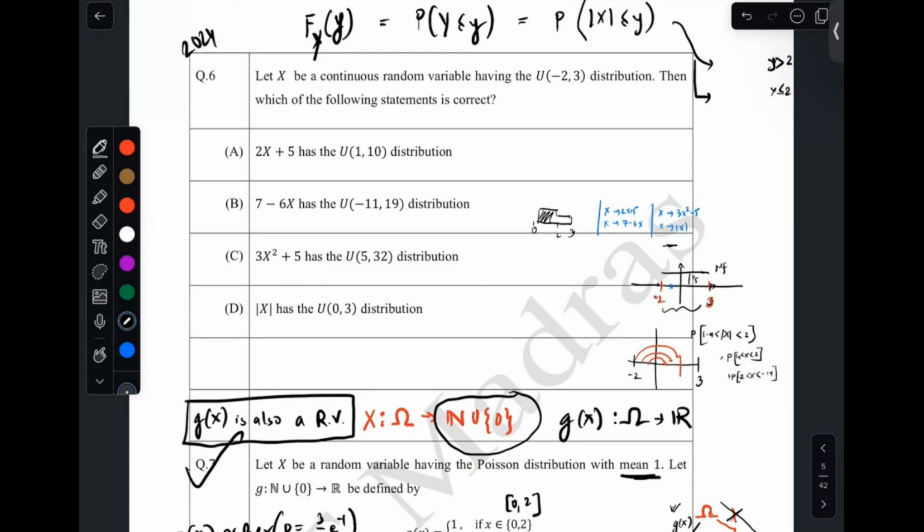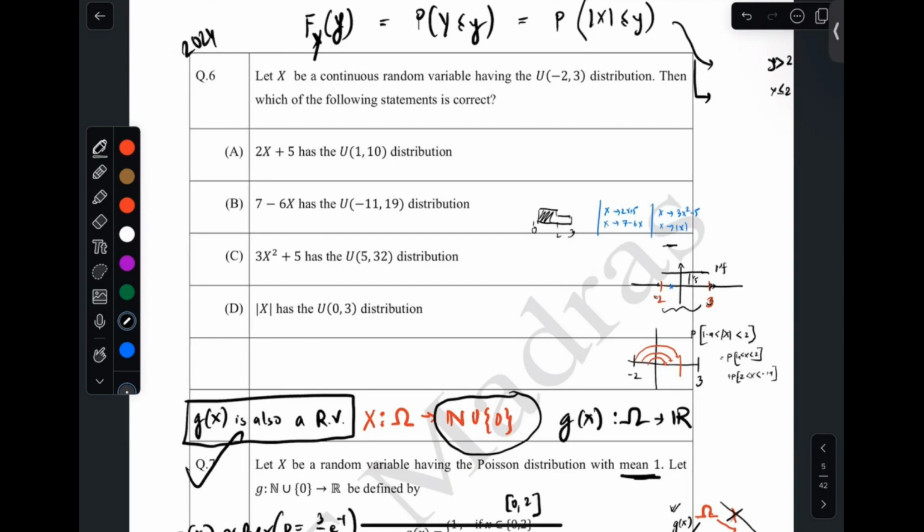This is very important to distribute a range, because you understood the transformation. As I have told you, for y less than 2 there are two aspects, minus 2 to 0 and 0 to 2. But for y greater than 2, there is only one aspect, 2 to 3.